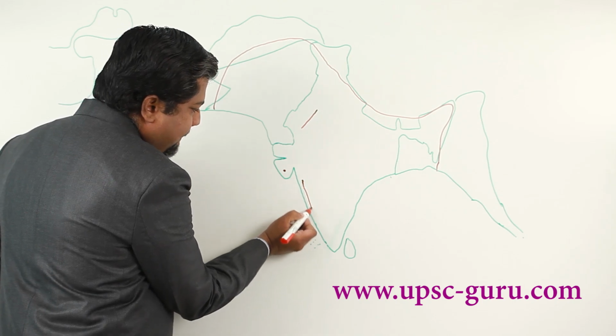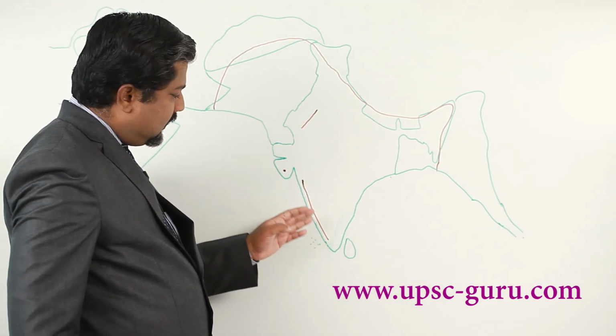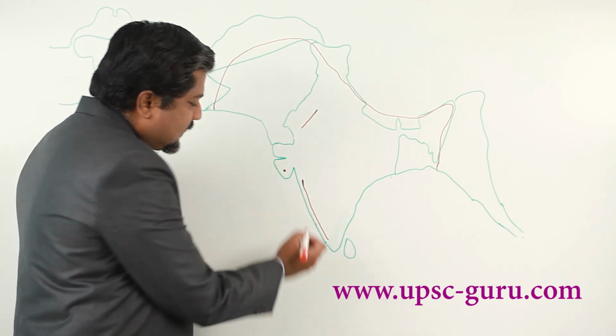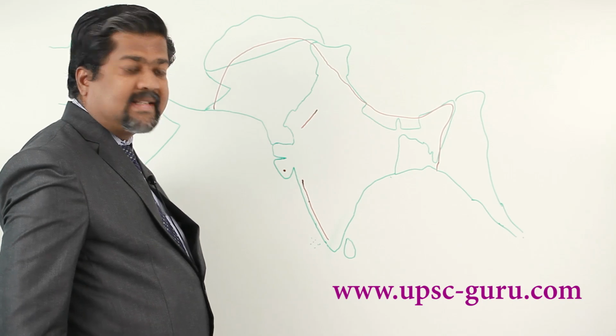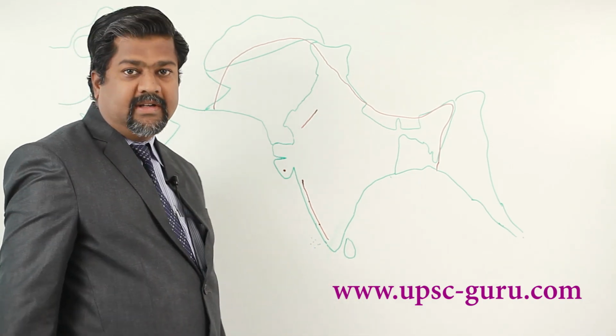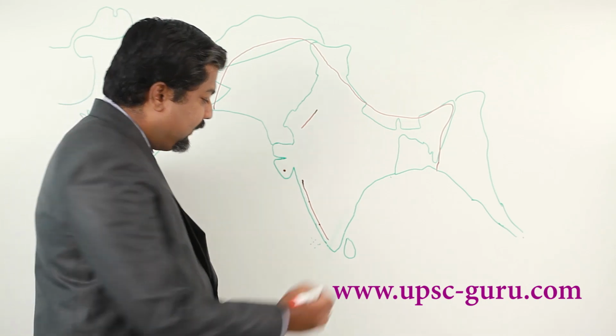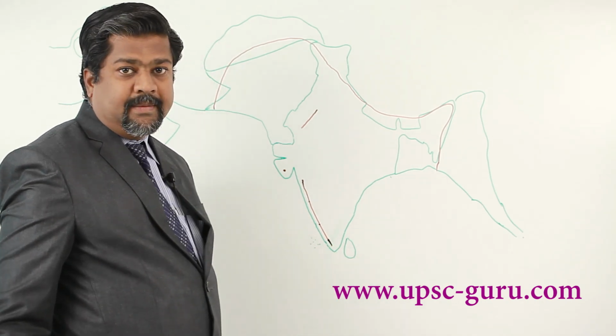This part we are calling Western Ghat. Western Ghat is divided into three parts. Here in Maharashtra and Goa, we are calling that range Sahyadri. In case of Karnataka, we are calling that Nilgiri, and for Kerala we are calling that Malaigiri.